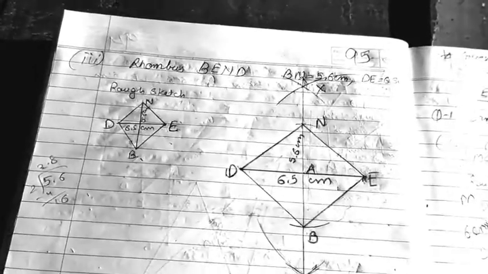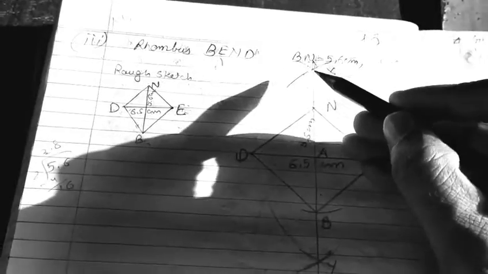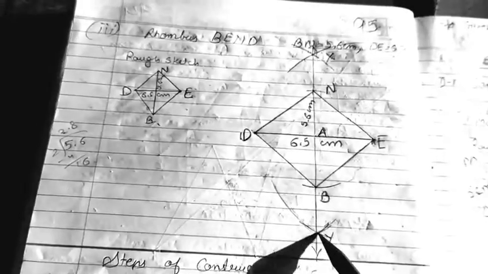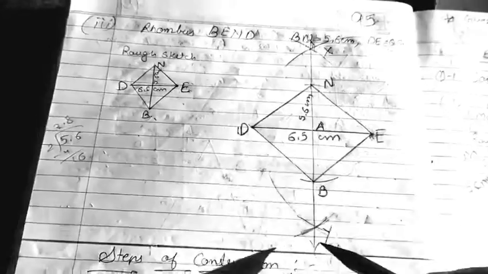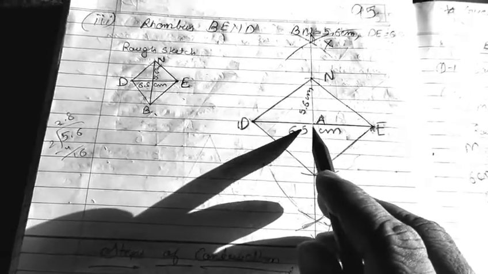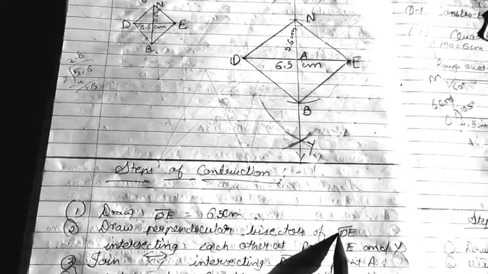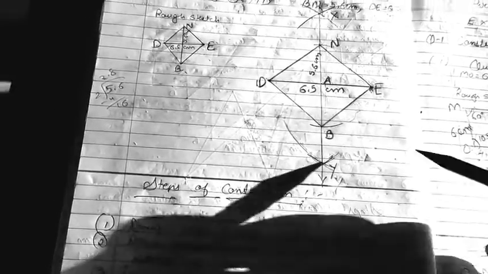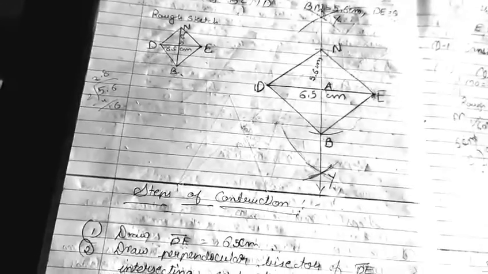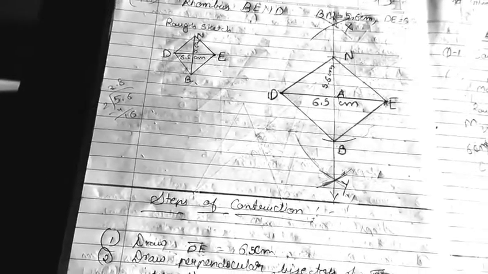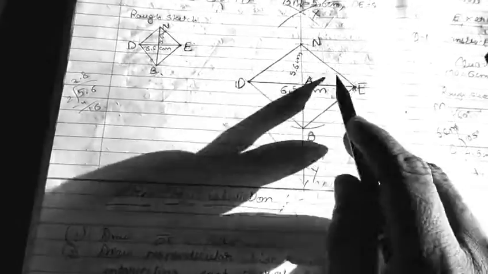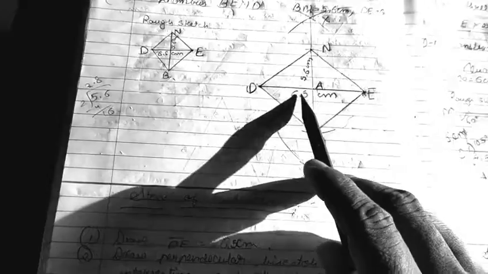Now both intersect at points X and Y, and try to draw this line which intersects line segment DE at point A. Write down: draw perpendicular bisector of DE. We had drawn the perpendicular bisector of DE, intersecting each other at X and Y. Join line XY intersecting DE at point A.